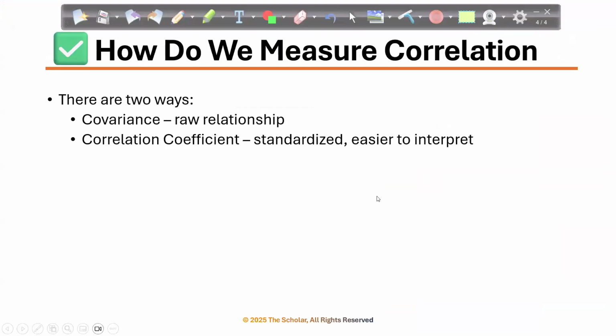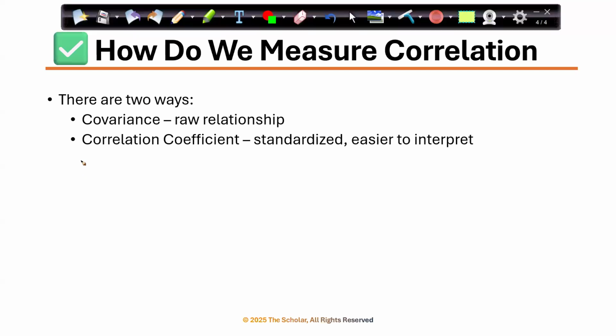Now, how do I measure the correlation? There are multiple ways we have, but these are the two major ways which people are using. One is known as covariance, and the second is known as correlation coefficient, which is also known as Pearson correlation coefficient, right?